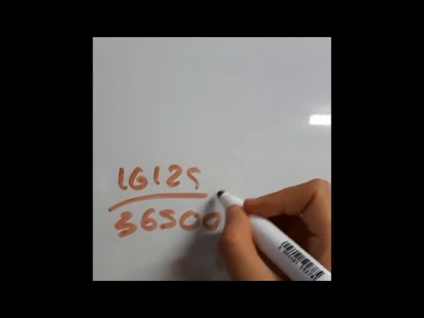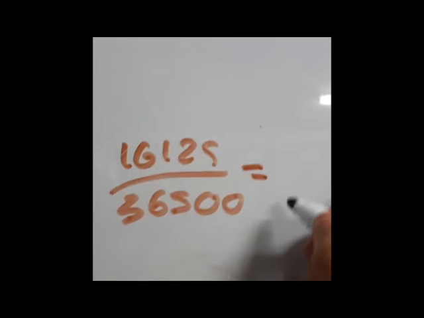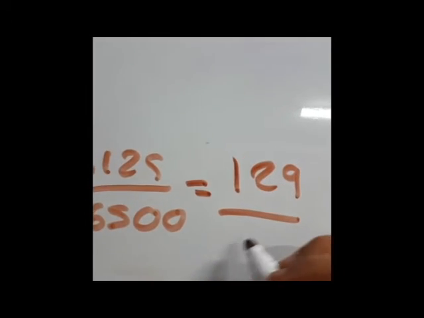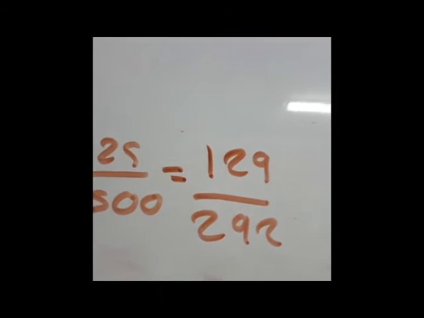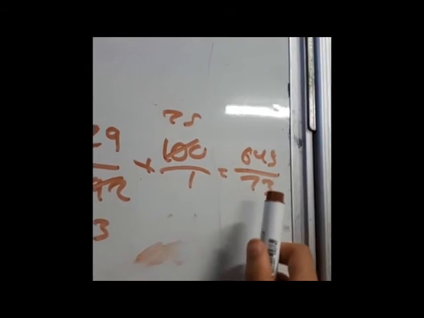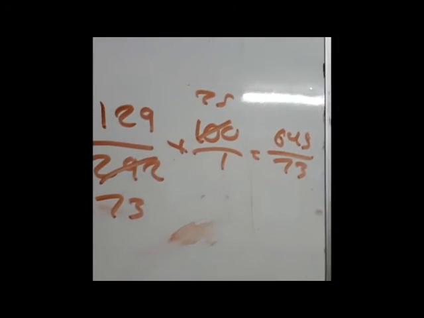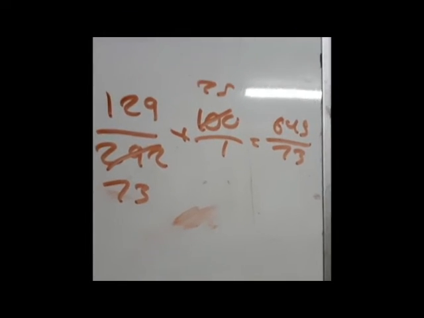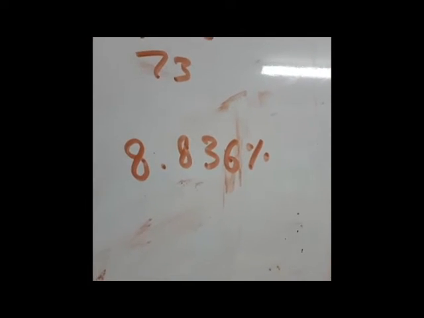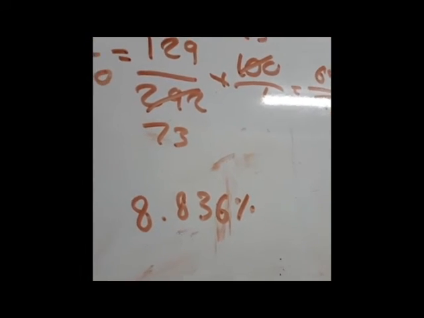Now this in simplest form would be 129 over 292. Now you must multiply it by 100 over 1 to figure out the percentage. Then you would get 645 over 73. And when this is divided, your answer would be 8.836%, rounded to 3 decimal places.